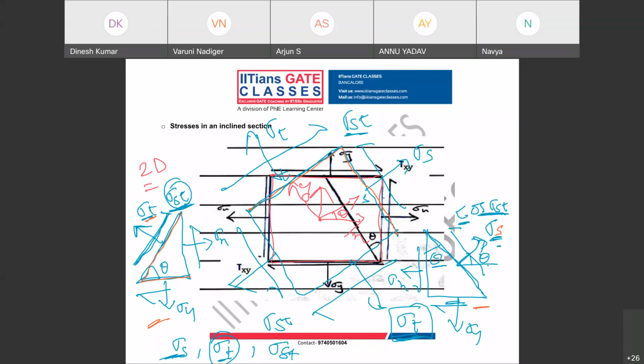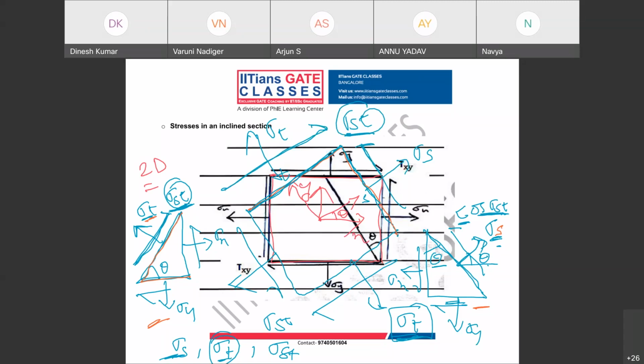Others? Anyone quickly? No. These are the same because I told you already that on two perpendicular planes, your shear stress is of complementary nature. So whatever this value is will be the same as this value.